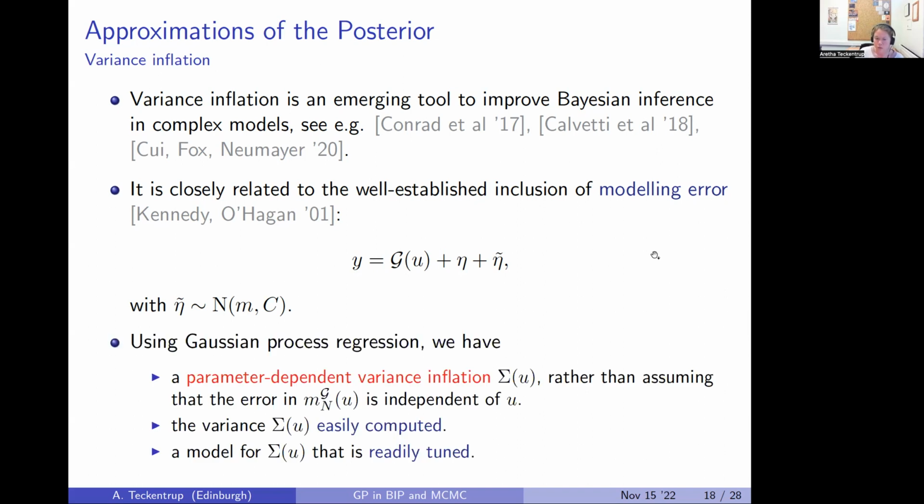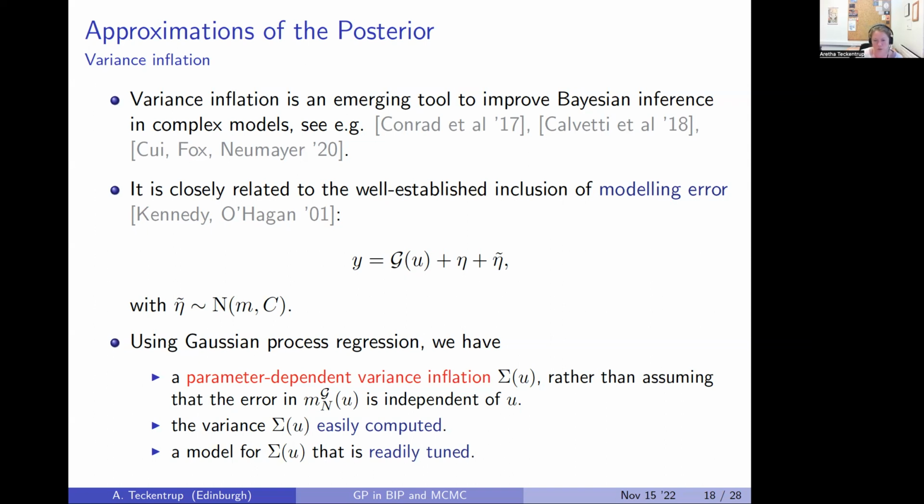Using Gaussian process regression to do this variance inflation has a couple of advantages. One thing is that you get a parameter-dependent inflation. In the literature on modeling error, the eta tilde is usually assumed to be independent of your parameter u. Most of this is done as a simplifying assumption, just because you can't really deal with the situation where it does depend on u.